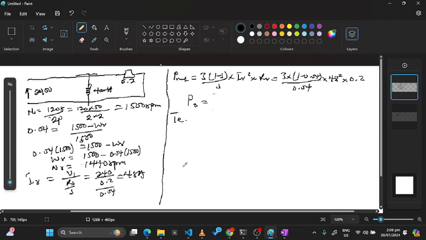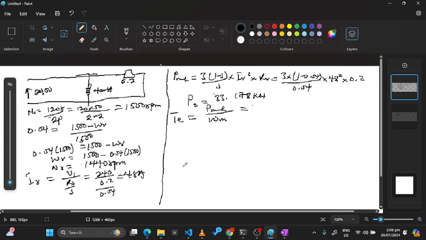So then the torque should be equal to the total mechanical power P_mech divided by what? The mechanical speed. Okay, so this is 33.178 kilowatts.